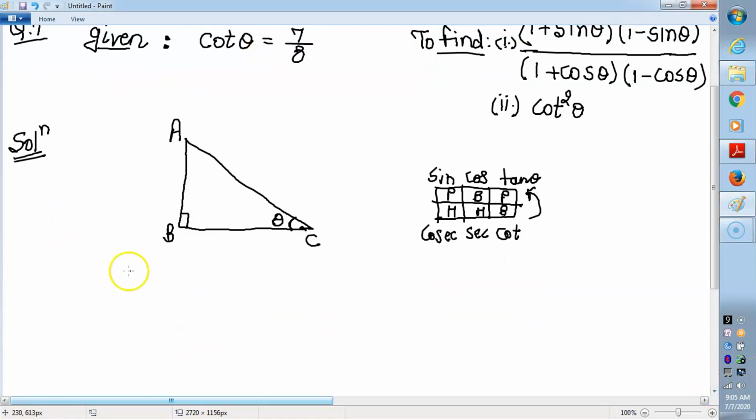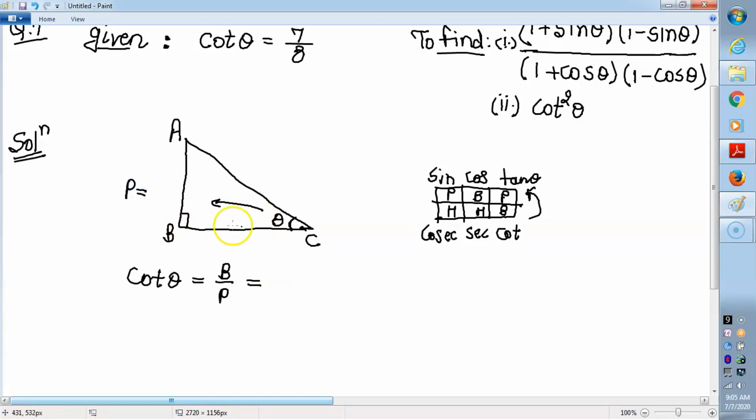So, we will write cot theta is equal to base upon perpendicular. Let's decide base. Since theta is given, we can easily decide base and perpendicular. Side opposite to angle theta is perpendicular, means AB is the perpendicular.